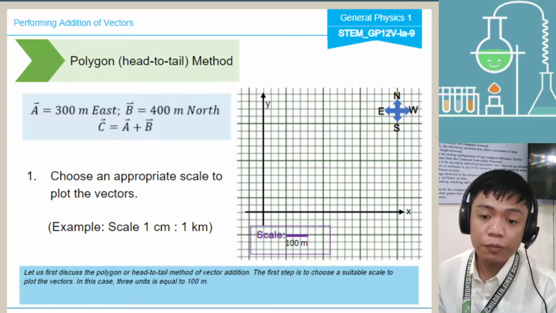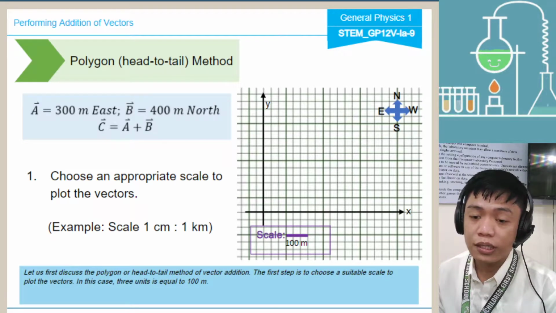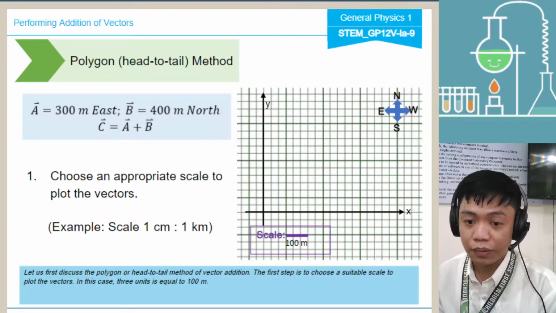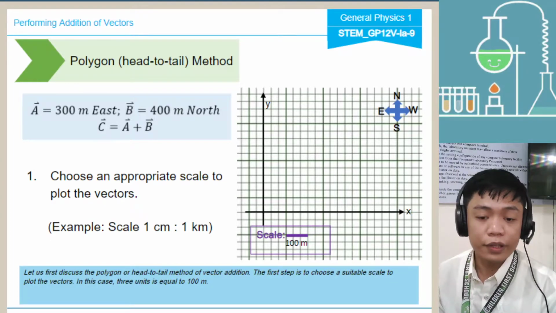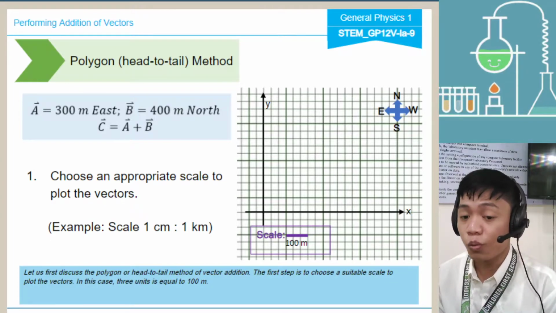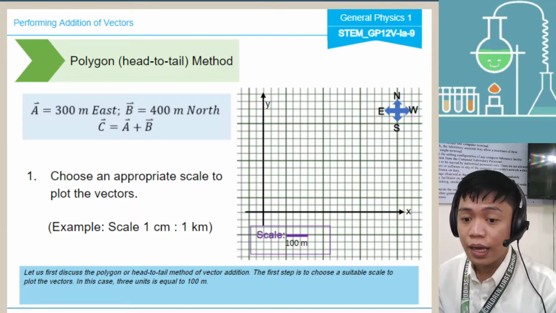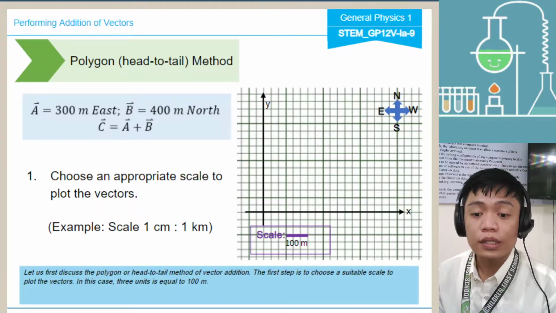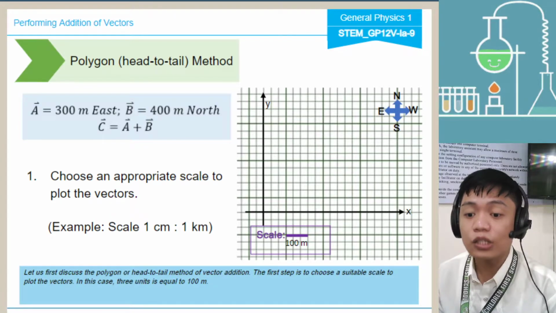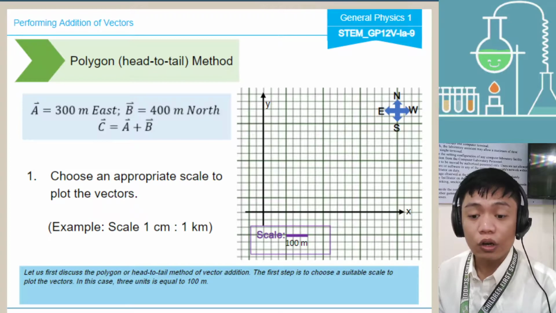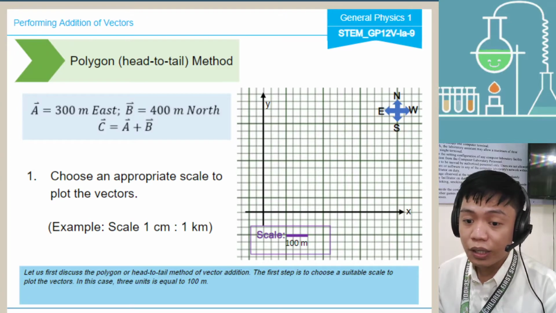Our formula would be C is equal to the sum of A and B. So let's go back to our first step, which is to choose an appropriate scale to plot the vectors. An example of that is the scale of 1 centimeter is to 1 kilometer. You can also use 1 meter is to 1 mile.